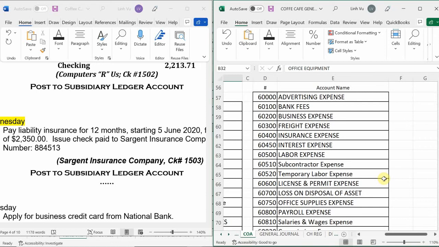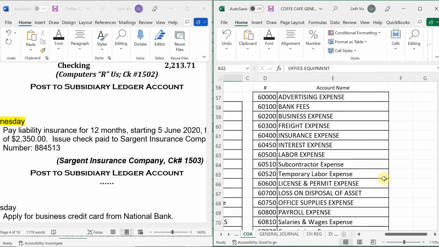So insurance expense 6,400. Okay, so that's for the first month of insurance.